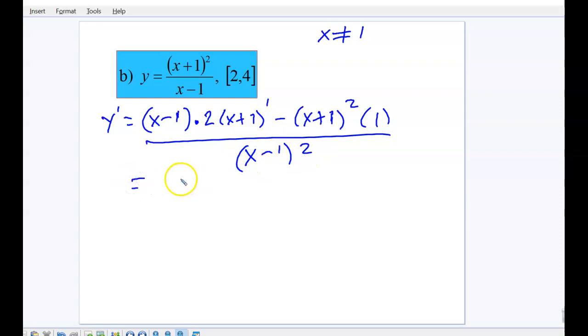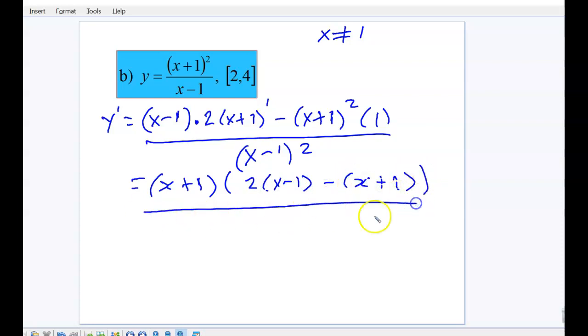So now I can factor x plus 1 out of the numerator. I'm going to be left with x plus 1 times 2 times x minus 1 minus x plus 1, all over x minus 1 squared.